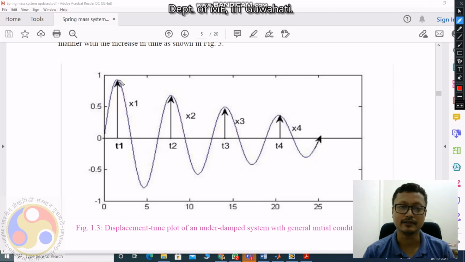The amplitude is higher here and it reduces, up to the fourth cycle. One cycle is the distance from here to here, or you can take it from this position to this position.